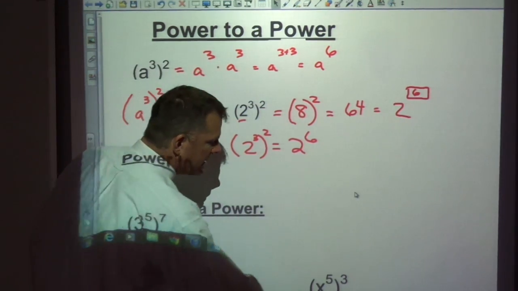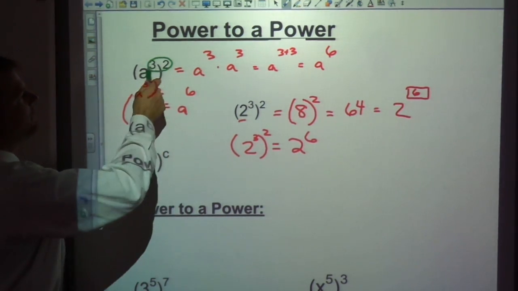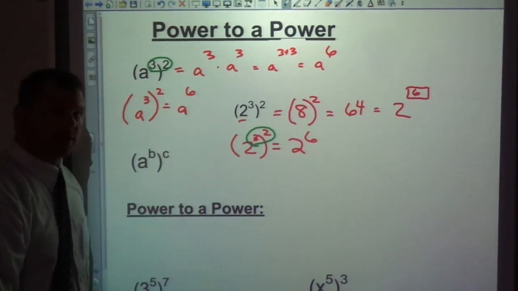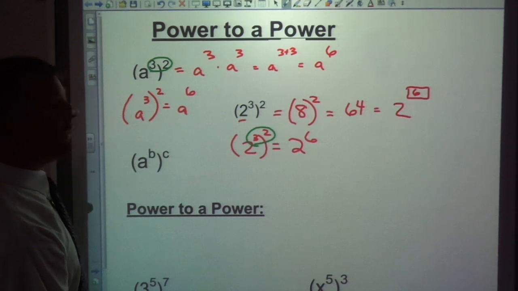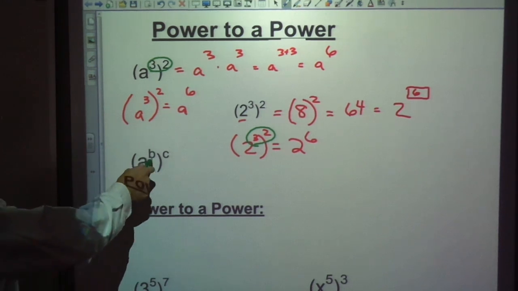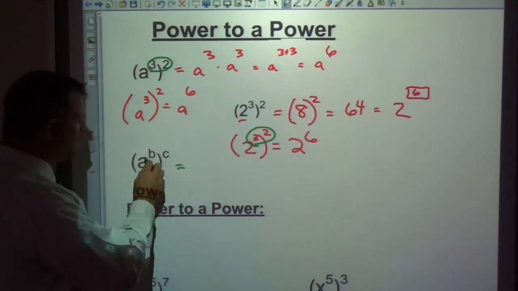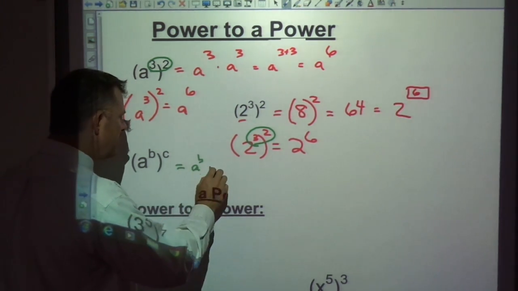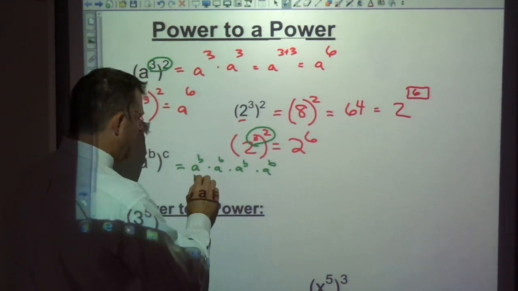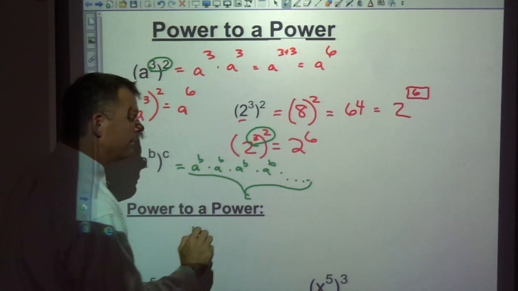And hopefully what you can see here is that when we have a power raised to a power, what do we have to do with those numbers to get 6? It looks like they're being multiplied. And that works for both cases. So if we have a to the b to the c power, in the general sense, this is going to be a to the b times a to the b times a to the b times a to the b, c number of times.